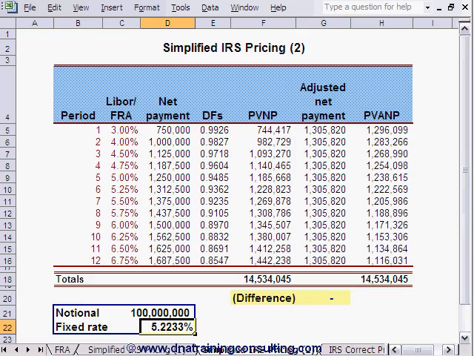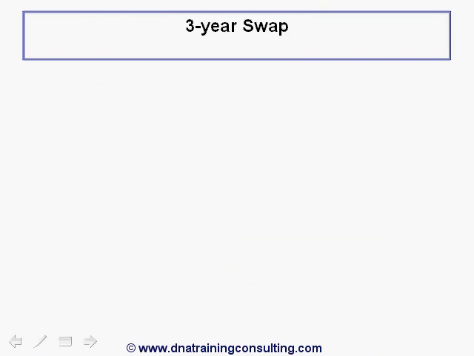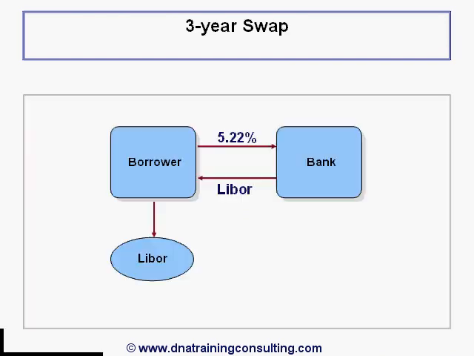You have just priced your first interest rate swap. It is customary to show the loan once it is swapped under the IRS contract via a diagram which looks like this.